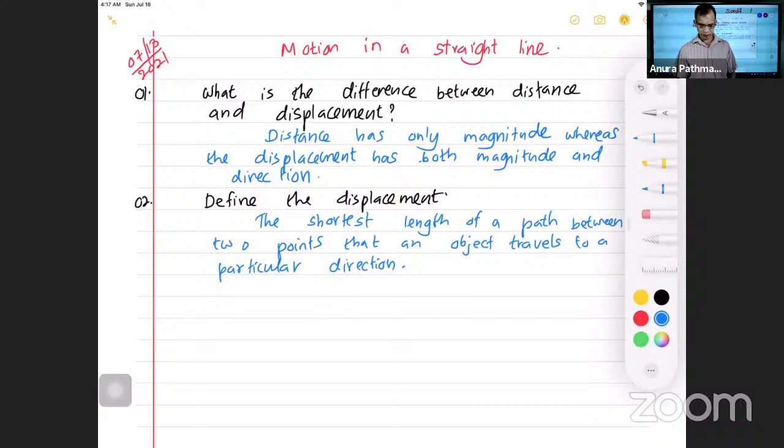You have to mention the direction as well. And it should be the shortest length of the path between 2 points that an object travels in a particular direction. That is the displacement.